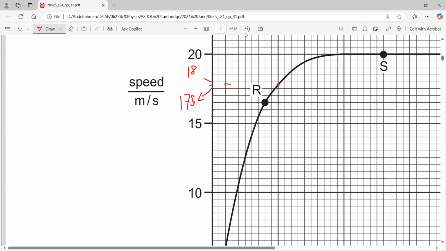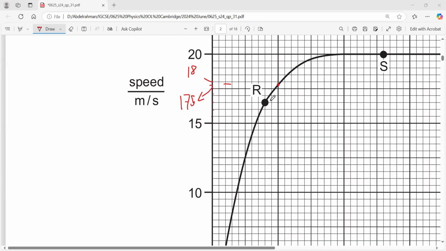So if you say, for example, 17.75, which is exactly in the middle between them, would that be correct? Yes, it would be correct, it's in the center. It's just above 17.5 and just below 18, which is somewhere in the middle.